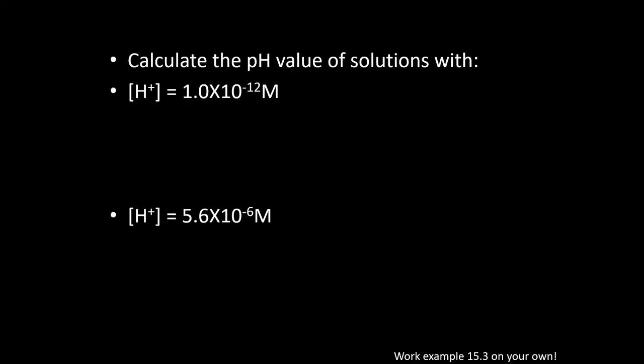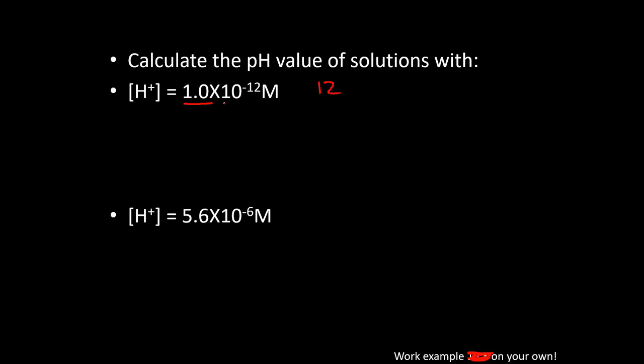Okay. So let's calculate a couple pHs here real quickly. The first one that we're going to do is 1 times 10 to the negative 12. Now, I know, just right off the top of my head, based on what I said earlier, since the first number here is just 1, I know this is going to end up being 12.